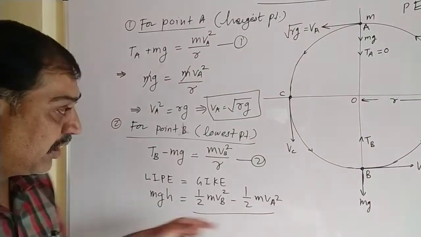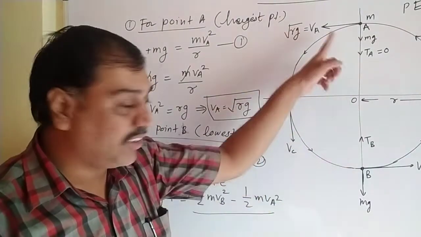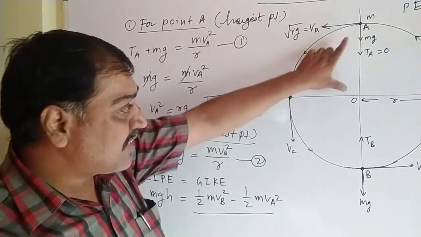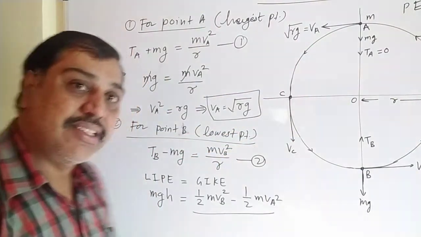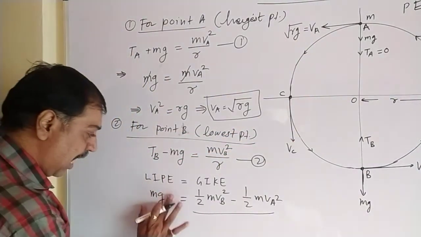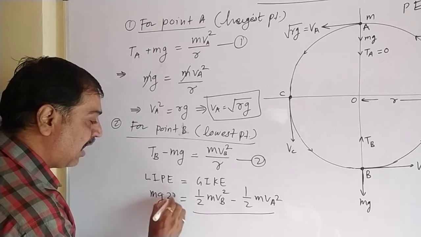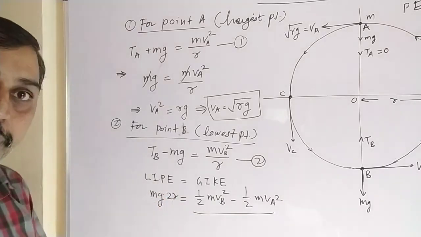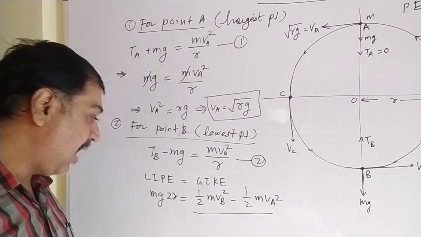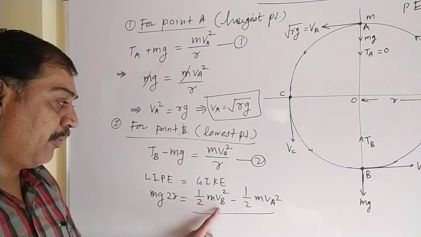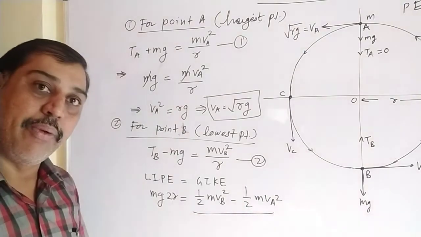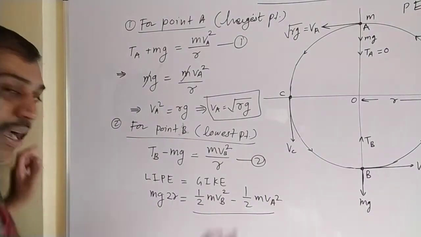Now what is h here? What is the distance between point A and point B? It is r plus r, twice r. So we can write mg into twice r. Same thing they have mentioned in their book. mg into twice r equals 1 by 2 m vb square minus 1 by 2 m va square. The m cancels out from both sides.